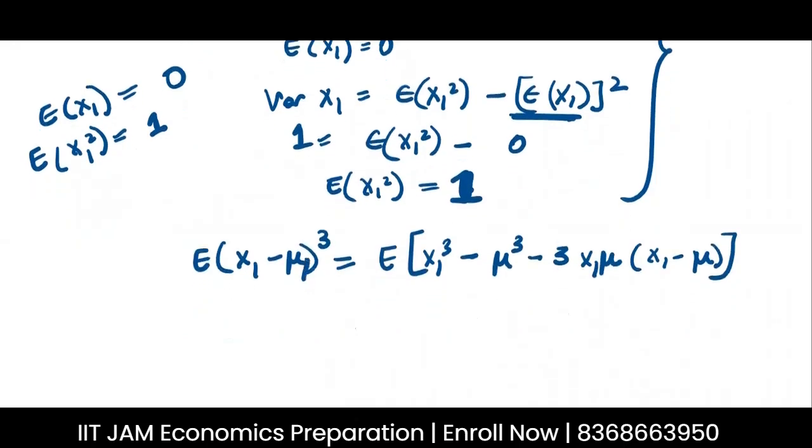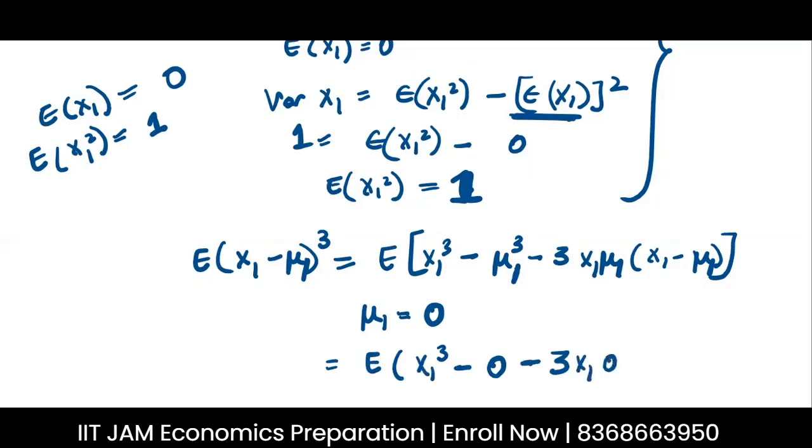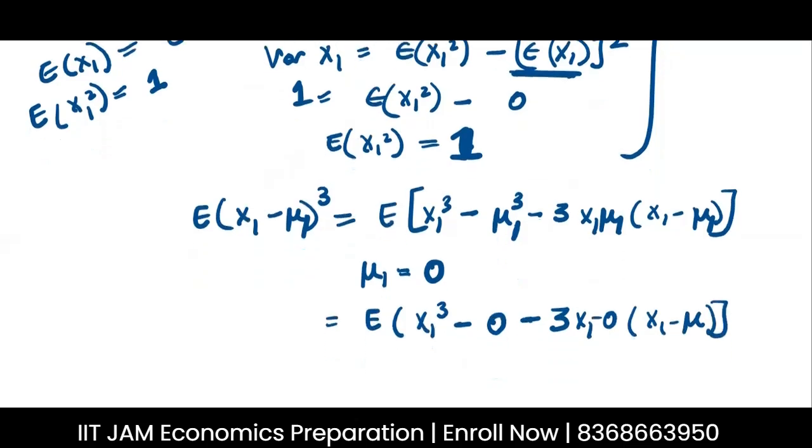But you know, this is mu1 because I'm talking about x1. Right? So I know that mu1 is 0. So this is going to give me E of x1 cube minus 0 minus 3 x1 times 0 times (x1 minus 0). So this will be E of x1 cube. This is E of (x1 minus mu) whole cube.